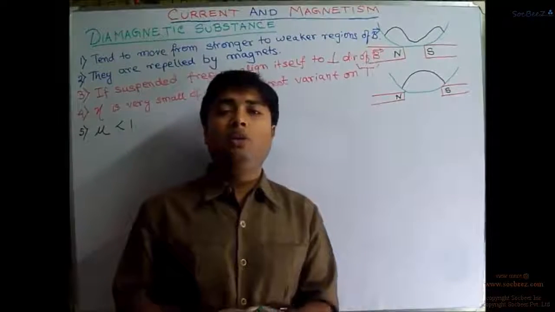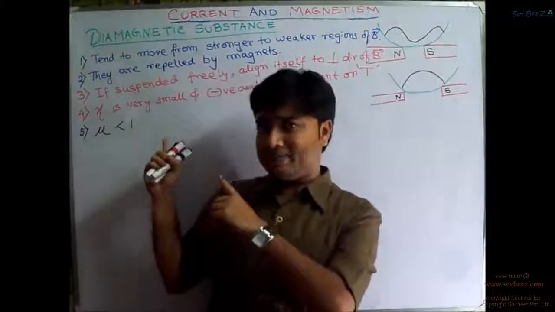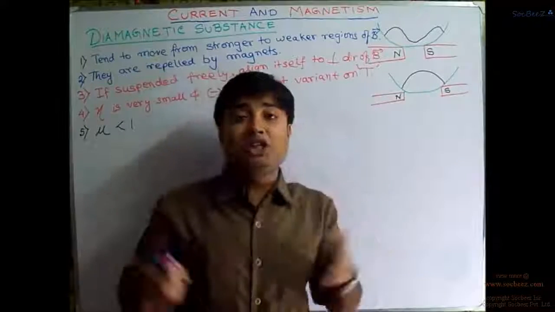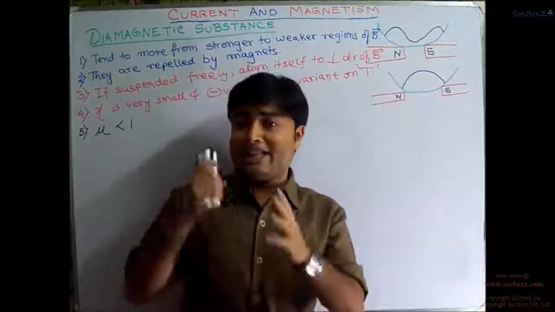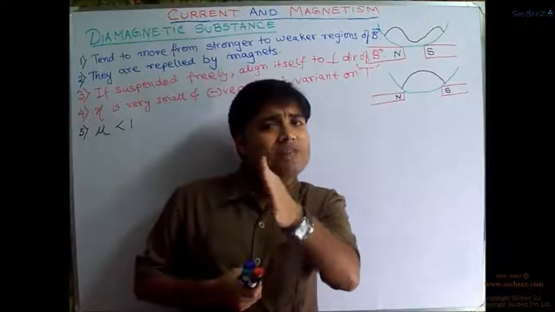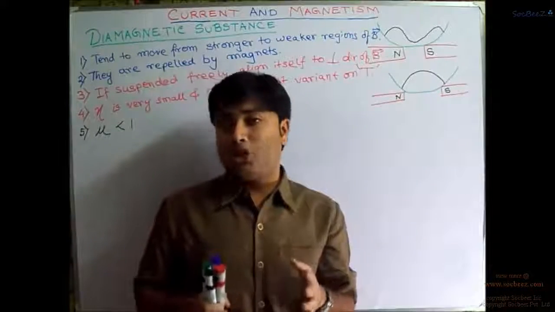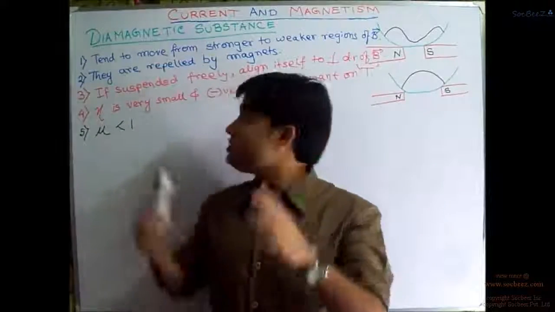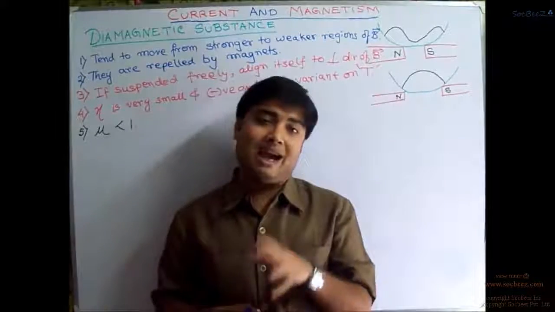Now over here we could say that if these diamagnetic substances are placed in a magnetization field, they are repelled. But once this magnetization field is removed, the magnetism of this substance gets removed, or it loses the magnetism.